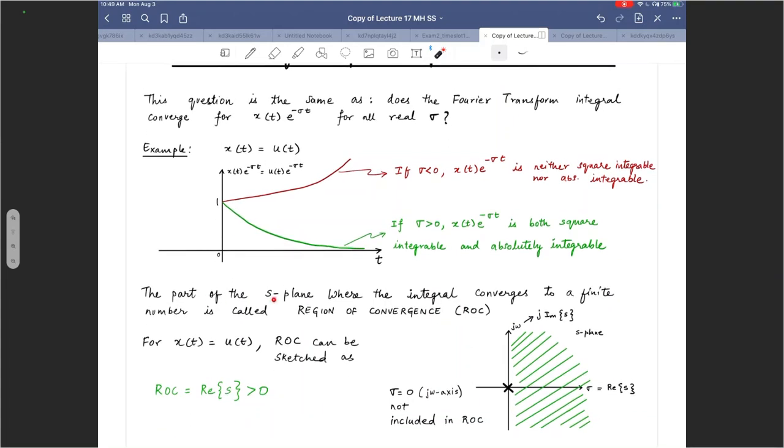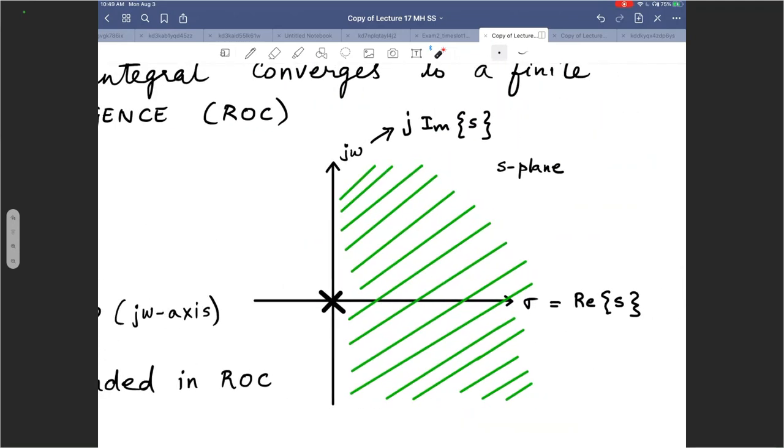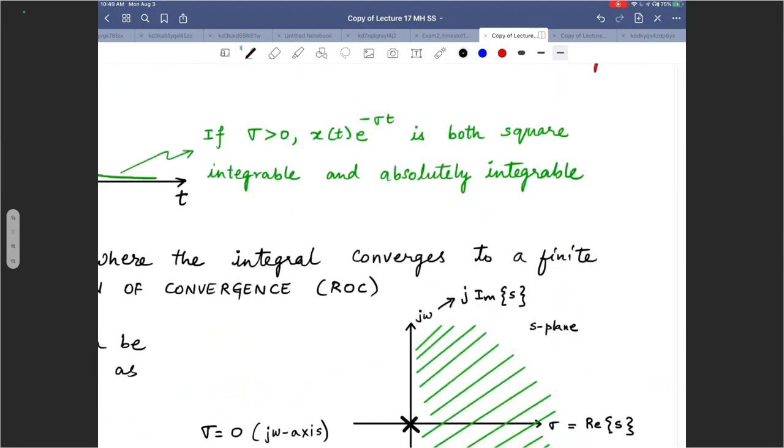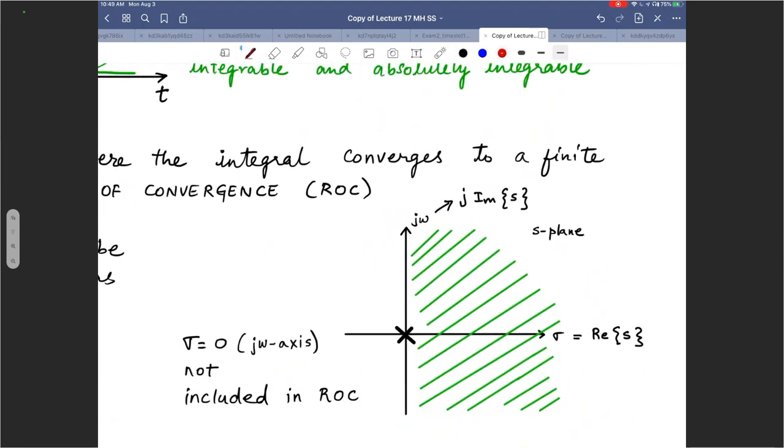The S-plane is a complex plane like this. You have sigma, which is the real part of S, on the x-axis, and j omega, the imaginary part of S multiplied by j, on the y-axis. That's your complex S-plane. On the complex S-plane, we will try to sketch three things essentially: poles, zeros, and the region of convergence.